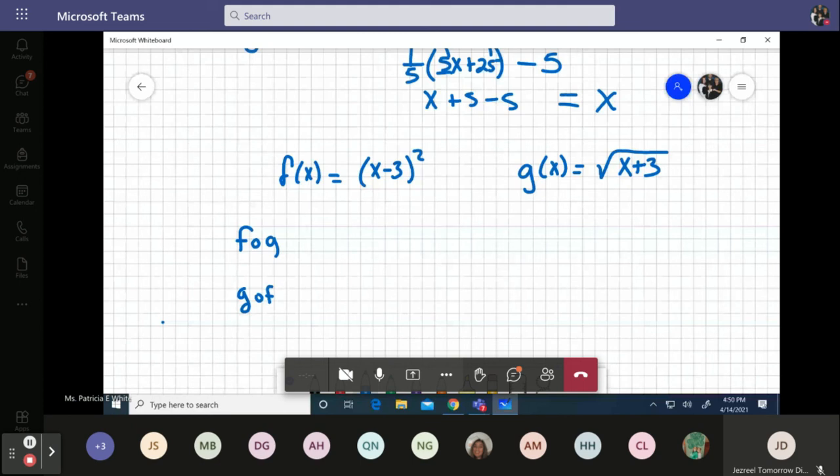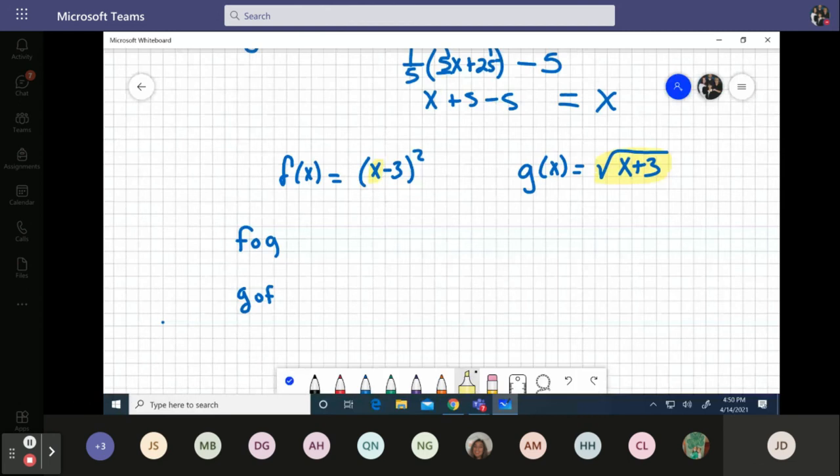So f of g. The square root of x plus 3 has to be in for that x, right? So if I'm looking at f of g, this one's a little bit, they're trying to be tricky, that's for sure.